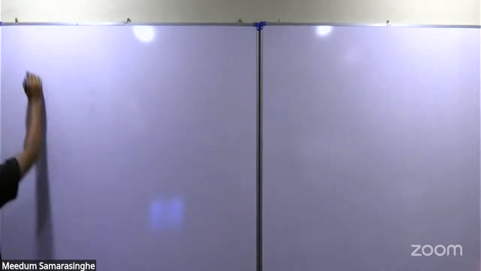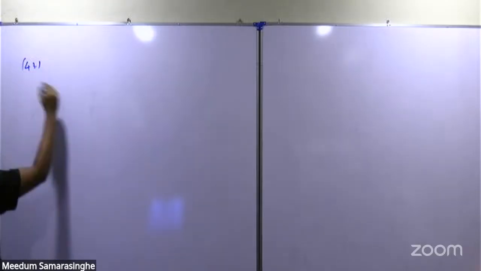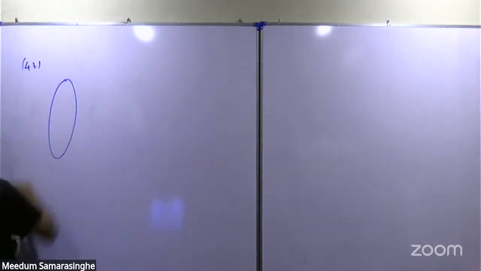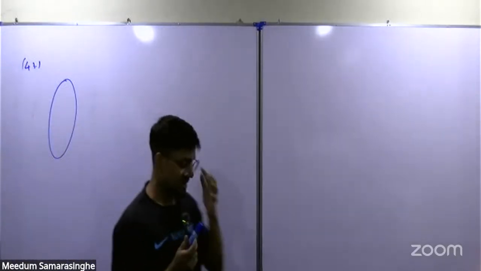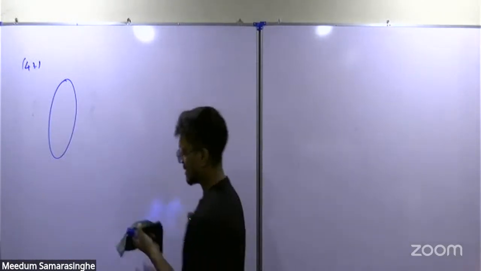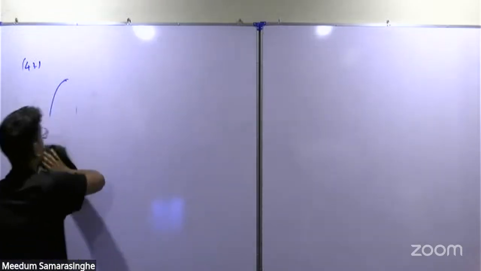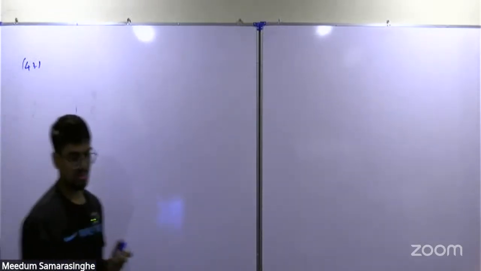Now, there is a conducting ring. This is the conducting ring, and a charge Q is given to it, and we can assume that the charge is uniformly distributed.